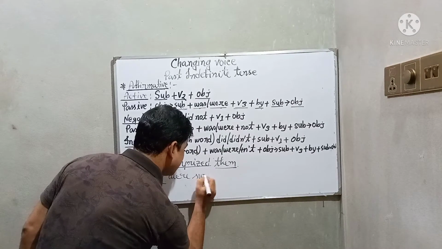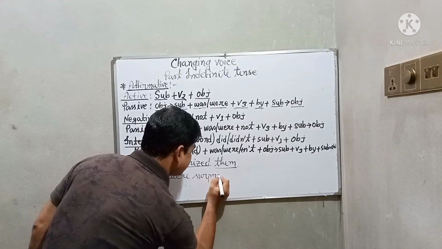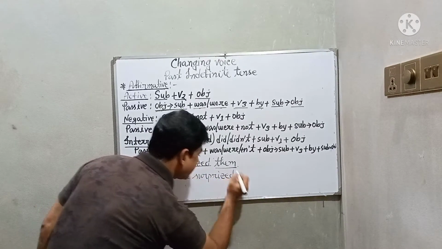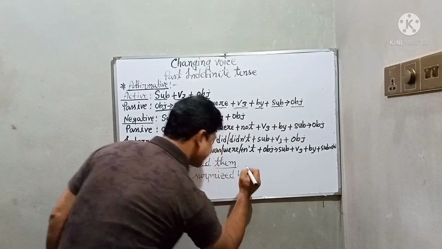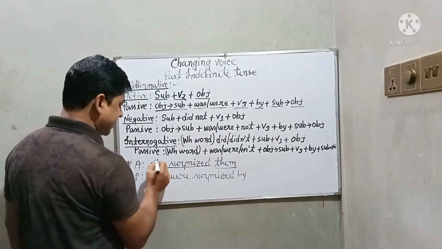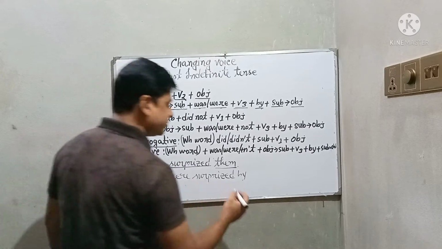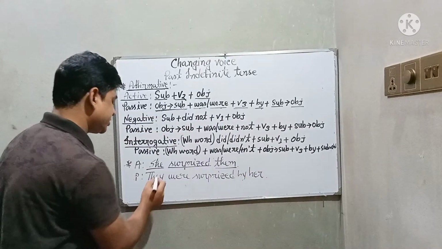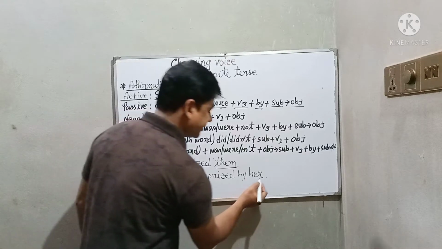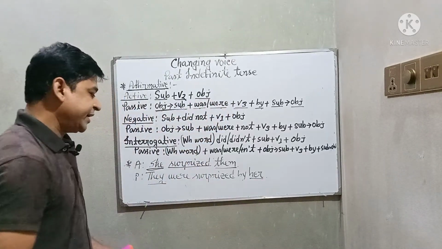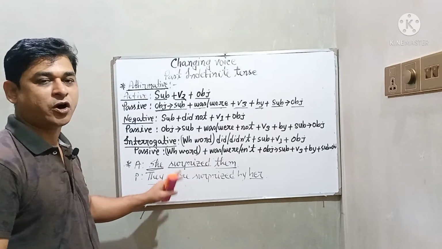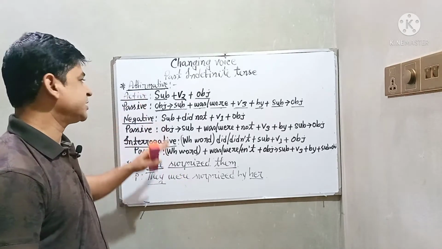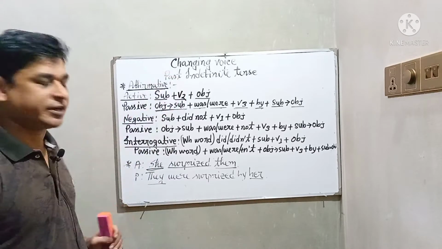Okay, now write here the past participle form, surprised. Then you have to use by. Then you have to convert your subject to object. Okay, it is she. The objective form of she is her. They were surprised by her. This is the passive form of affirmative sentence in past indefinite tense.